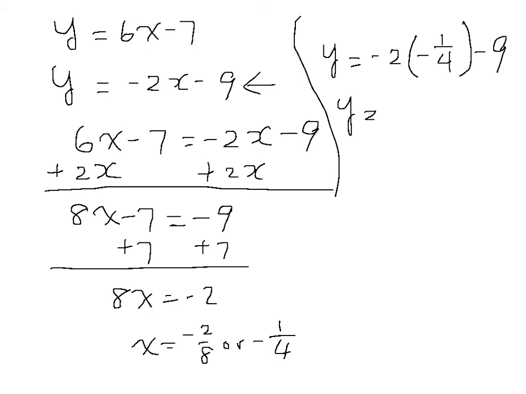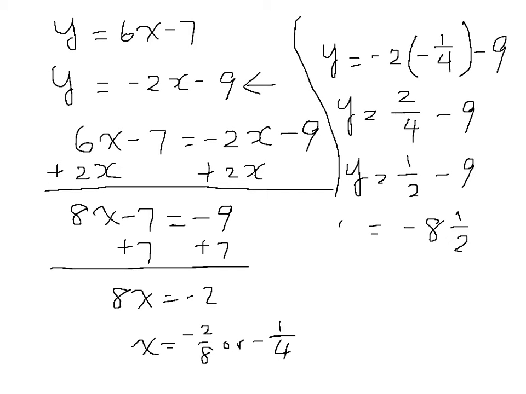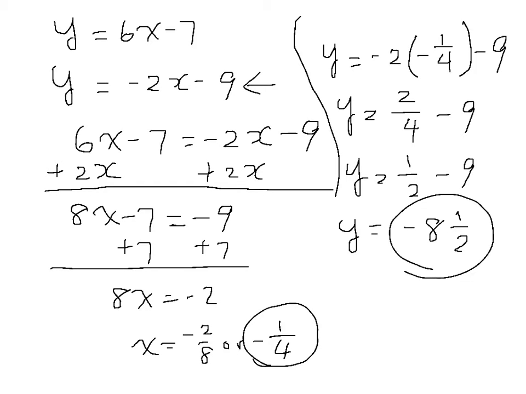That gives us positive. So it's positive 2 over 4 minus 9, which is 1/2 minus 9. So y equals negative 8.5. So that's going to be y. So that's the answer. So that's how you solve a system of equations with substitution.